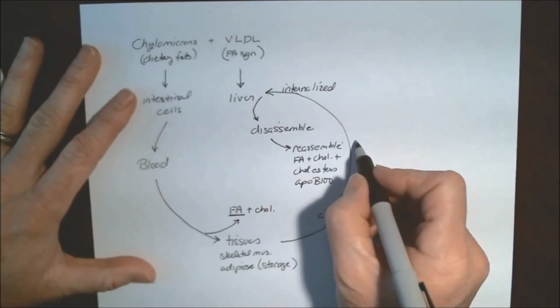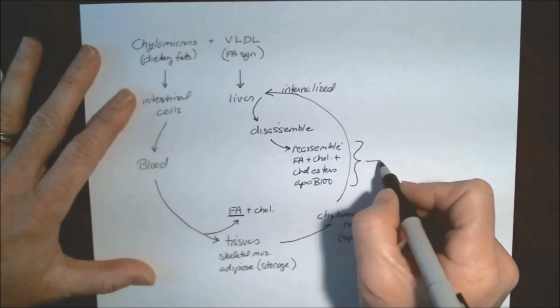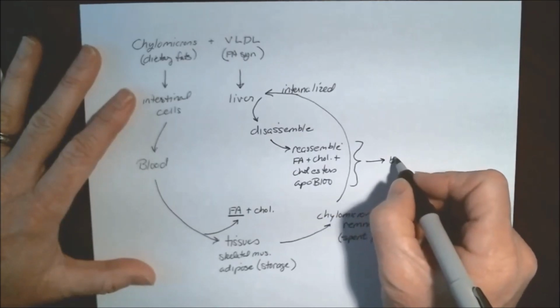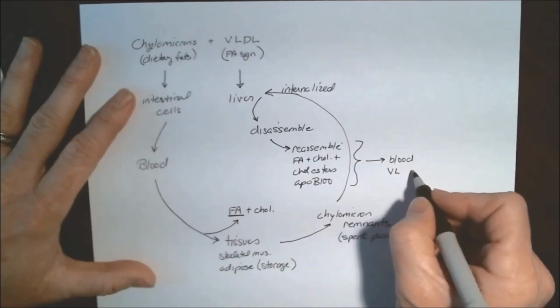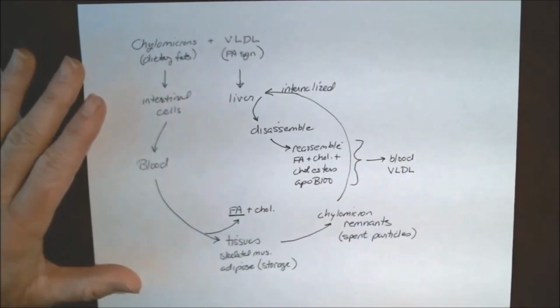Once this happens, these structures are secreted into the blood by the liver in the form of VLDL.